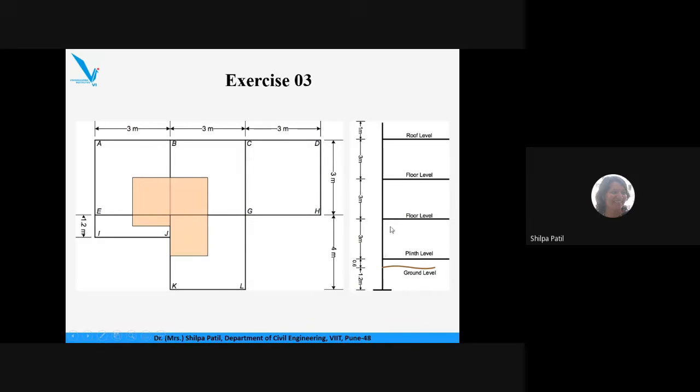I'm considering this as the first column, this as the second column, this as the third column, and this should be the fourth. So out of these 4 columns, which column will be subjected to maximum load?